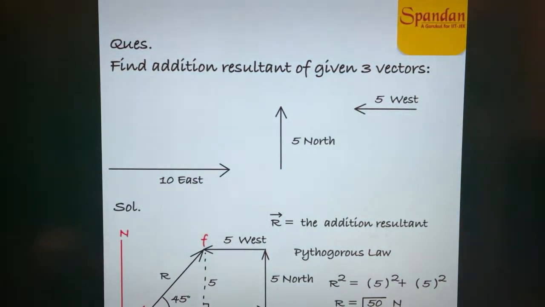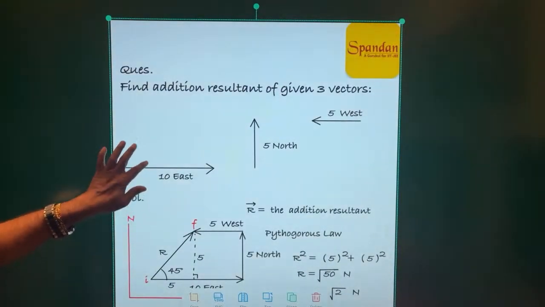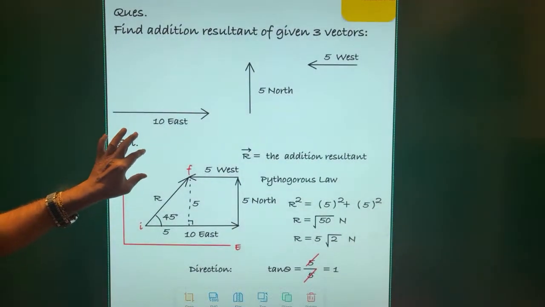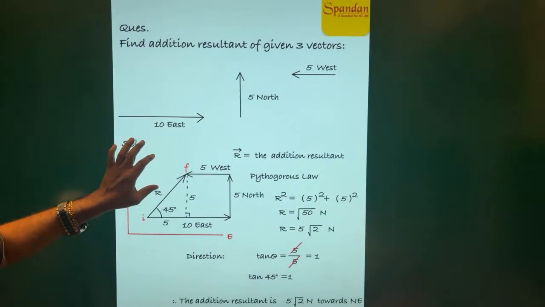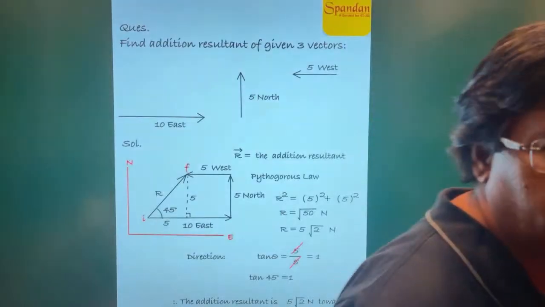पहले जैसा आएगा √50 जो फर्स्ट में हमने बताया था 5 5 का. So this addition resultant is 5 root 2.